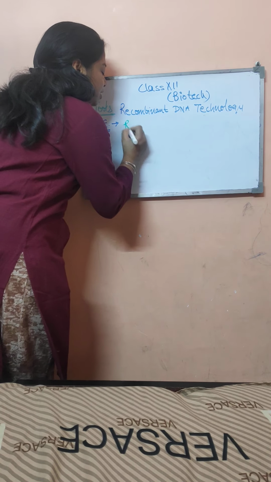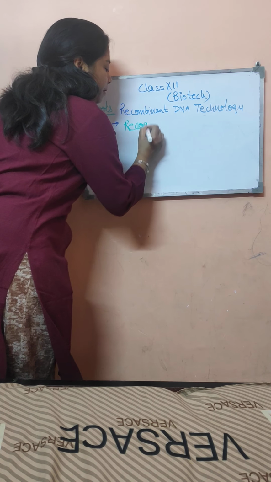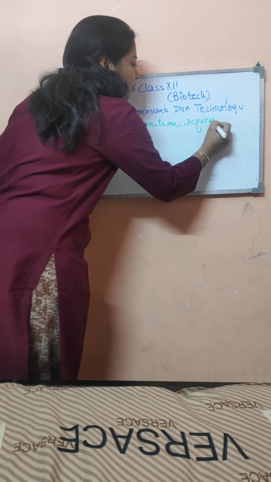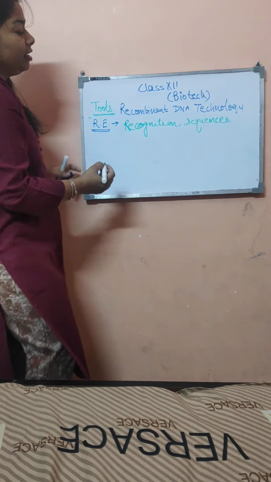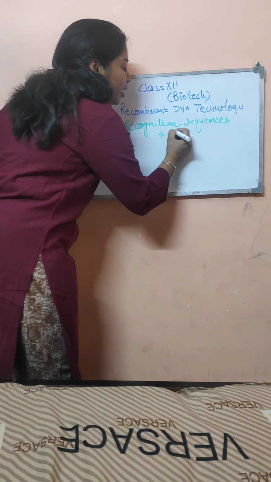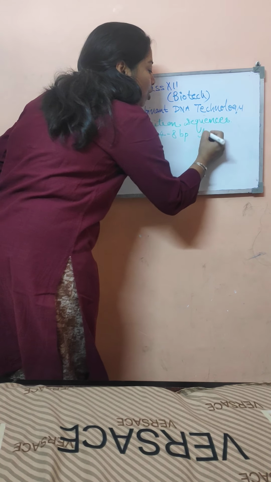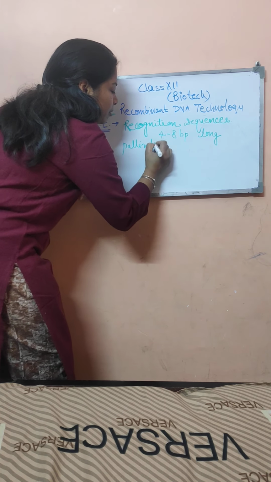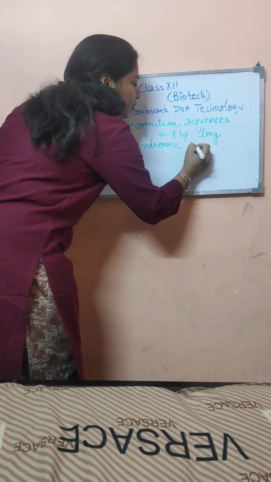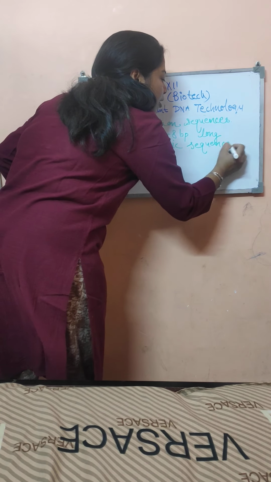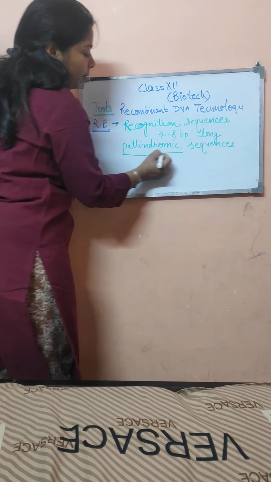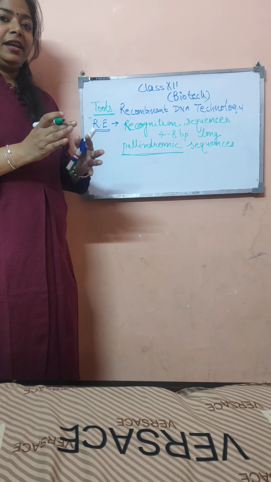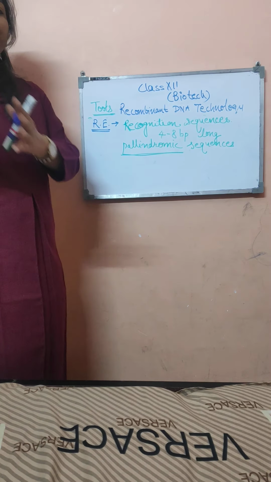Actually, the recognition sequences are generally 4 to 8 base pairs long palindromic sequences. Now, what is a palindromic sequence? Palindromic sequences means they read the same forward and reverse.